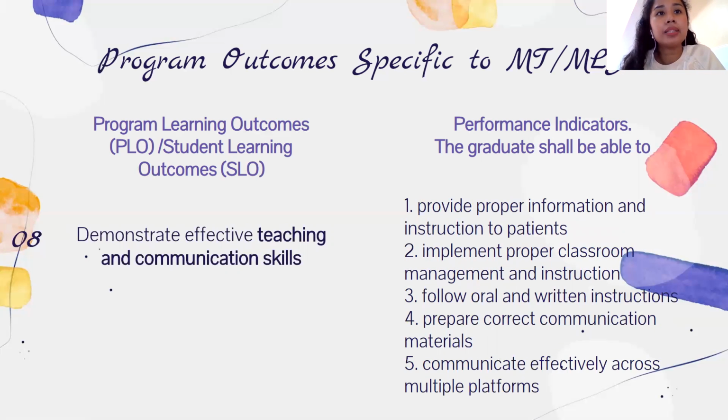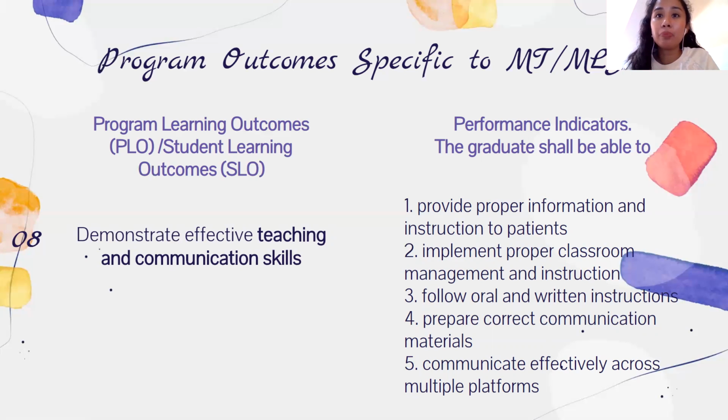Number 8, demonstrate teaching and communication skills. Demonstrate effective teaching and communication skills as much as possible. If you're going to talk with your patients, you will give them accurate and correct information and instruction. You will communicate with them respectfully, especially respecting their culture, their religion.